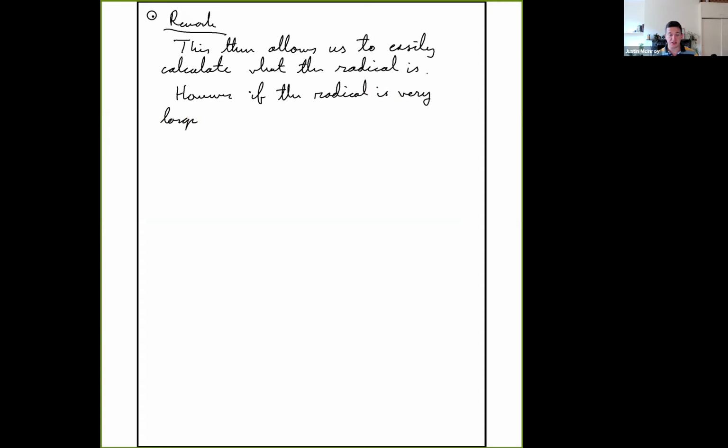Then it might still be difficult to calculate all of the ideals which are contained in the radical. We can calculate the radical easily, but there may be many different ideals which are contained in it. So we're back to our old problem there.